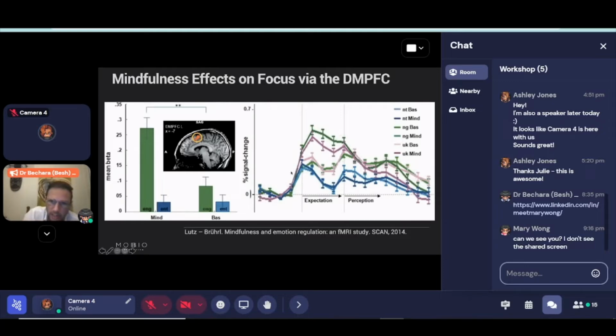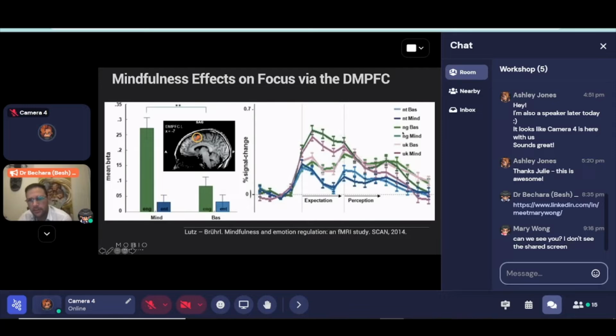Drops down, and then boom, it jumps up again at the moment of perception, and then starts to drop down. And that's the case both for the basic group as well as the mindfulness group, when a neutral image shows up. Now, if it's a negative image that shows up, then that's the green bars.